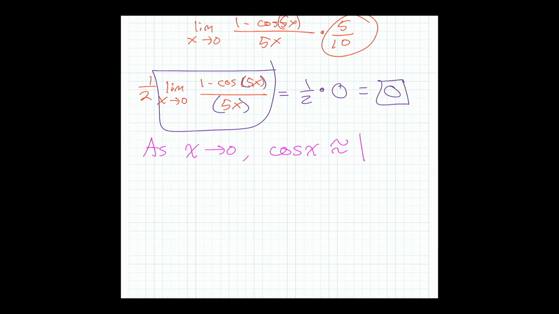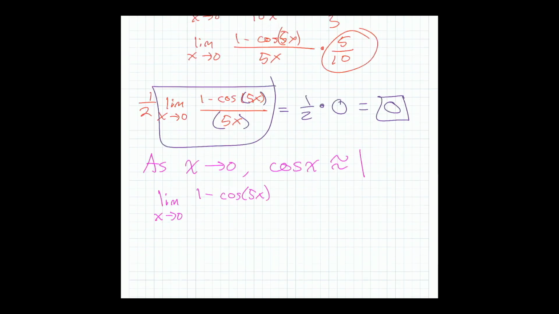And you know that, right? Like what's cosine of 0? It's 1, right? So that's the approximation. So if you had to evaluate the same limit here, let's do the same one: limit as x goes to 0 of 1 minus cosine 5x over 10x.